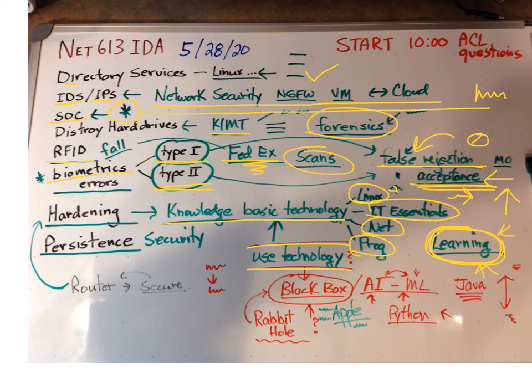We can use technology to do a lot of this work, but the more we use it, the more we can develop what people call a black box, where you really don't know what it's doing. You keep doing that until eventually you go down the rabbit hole, where AI and machine learning keep adjusting what's in there, and before long you're not sure why you're getting the solutions you get from a black box.